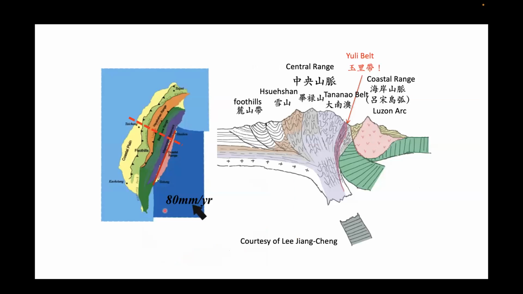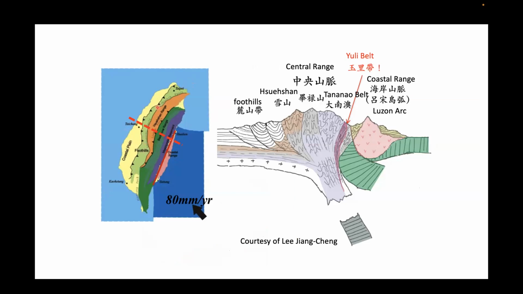So this is the simplified geological map of the island. There is a northeast-southwest stripe of different layers of rock. On the western part, this is called the coastal plain. This is the youngest sedimentary sequence, and the green part is called the foothill sequence.